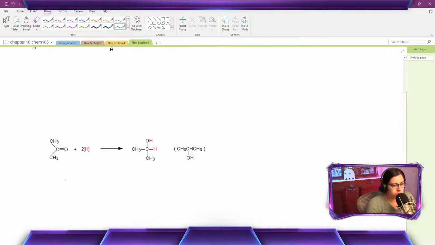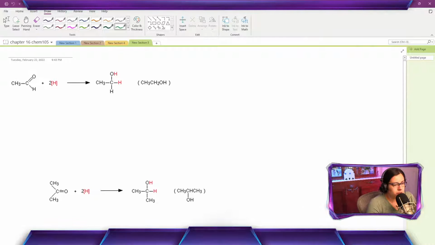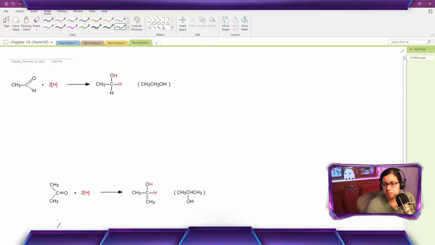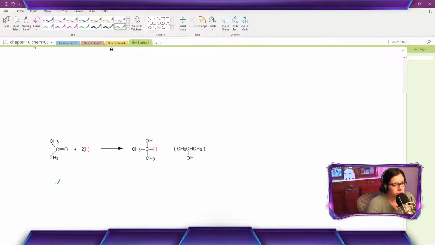So let's do one. And so let's do a reduction.